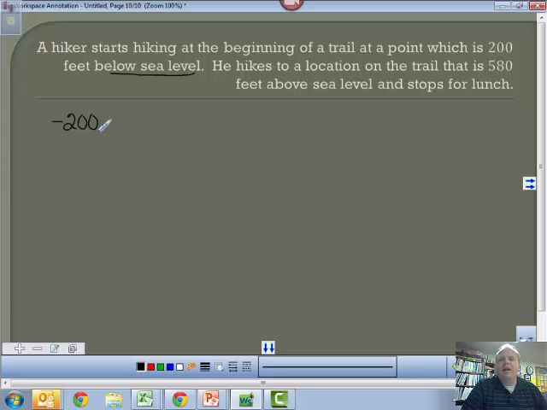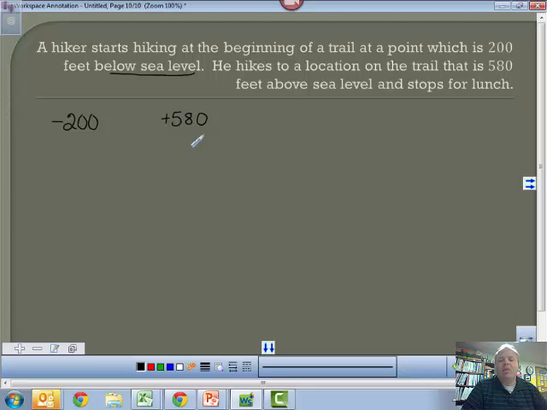He hikes to a location on a trail that is 580 feet above sea level. So above sea level is positive, and we know that by being able to read it, and stops for lunch. How far did he have to hike before he stopped for lunch is what I want to know.